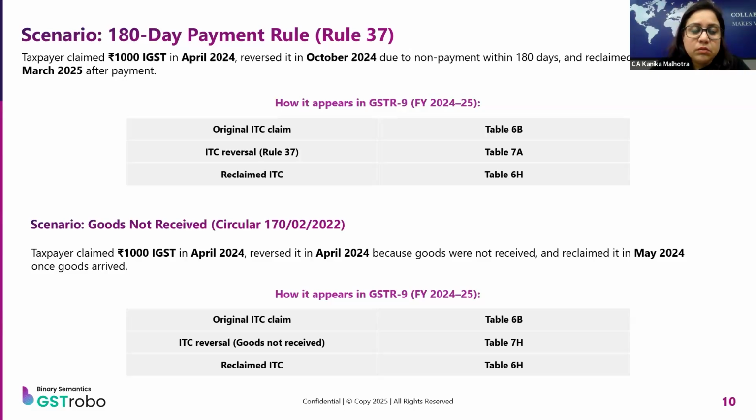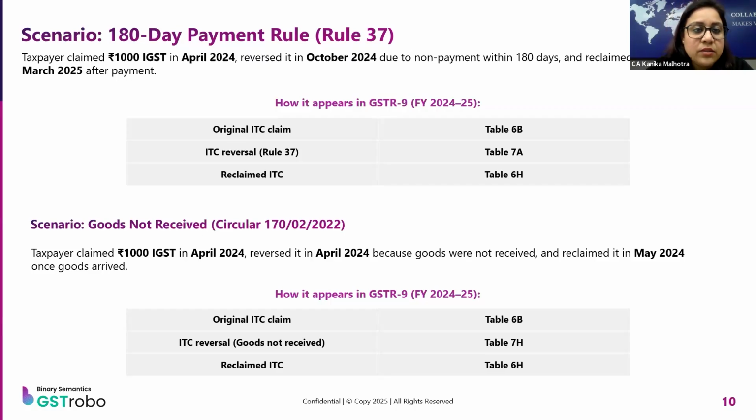Bilal is asking what 37A is. 37A is basically a reversal where the supplier has not deposited the tax. He has collected it from you, you have paid him, you have purchased goods or articles from supplier A, and you have made the payment of the invoice including the tax, but now it is the responsibility of the supplier to pay it to the government by filing the return like GSTR 1.